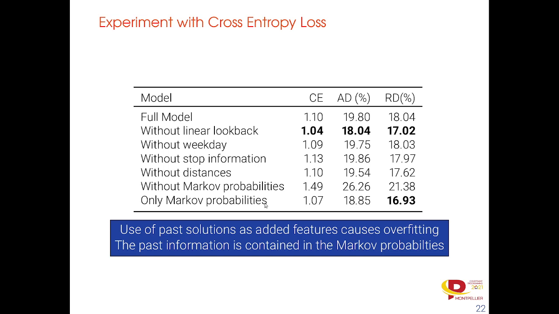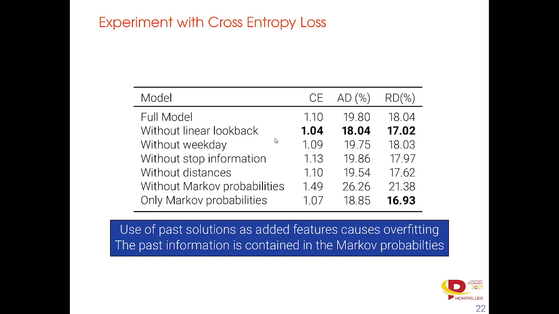So now we come to the experimental evaluation section. We can see that when we use only the Markov probabilities, we have very low cross entropy loss in the training and test datasets, as well as low AD and RD. But when we use some other features, sometimes the cross entropy loss as well as the AD and RD increase. So this suggests there is overfitting.